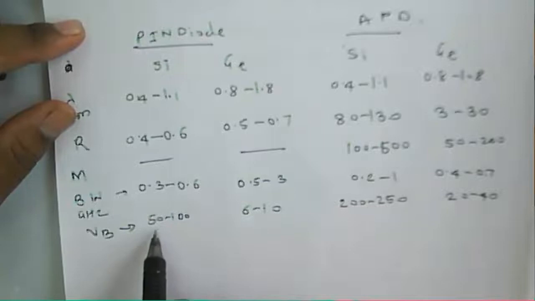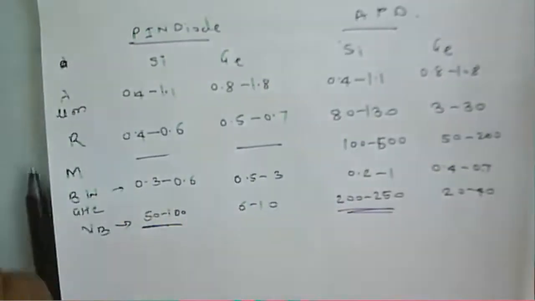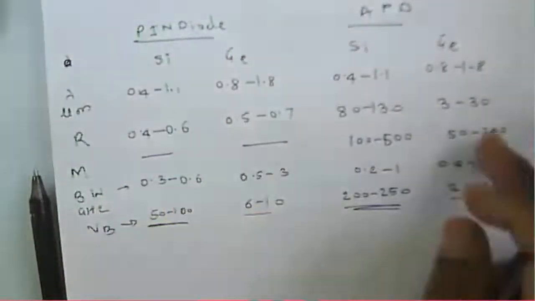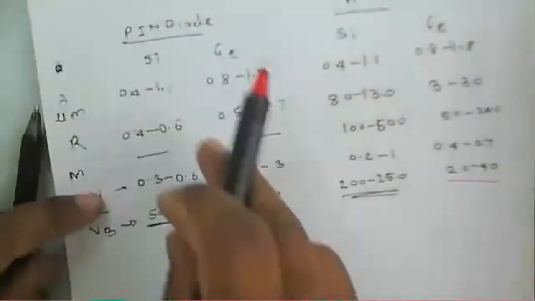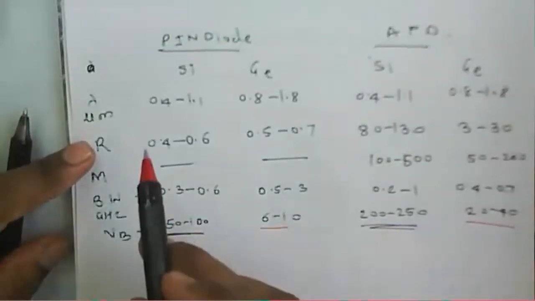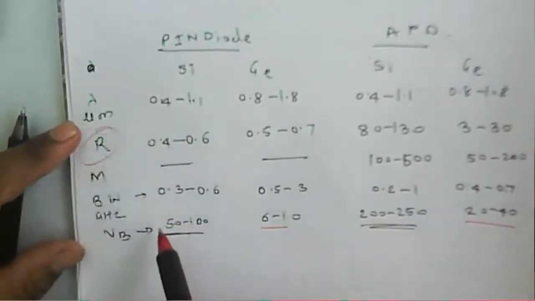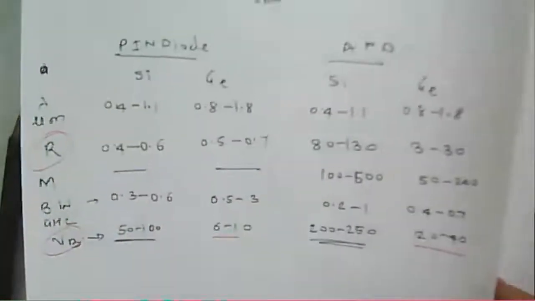So if you compare the bias voltage, it is large. For the germanium, again it is large. So that's why all parameters depend upon the applied bias voltage and the responsivity. That is about your avalanche photodiode and a pin diode here.